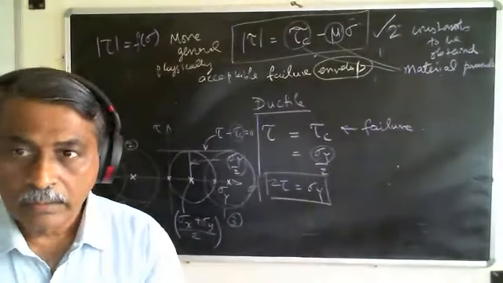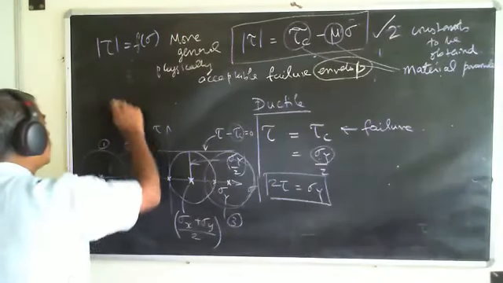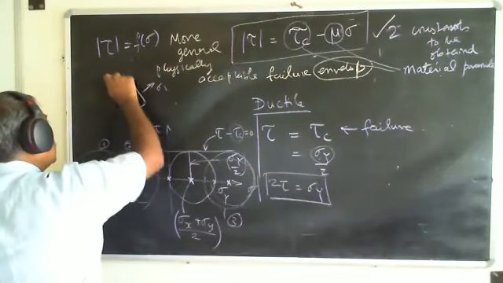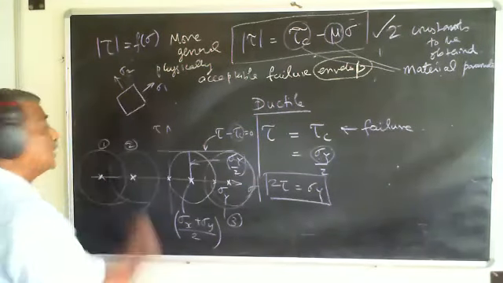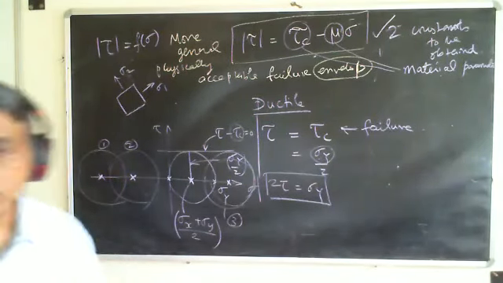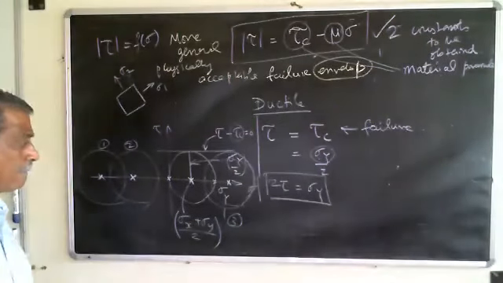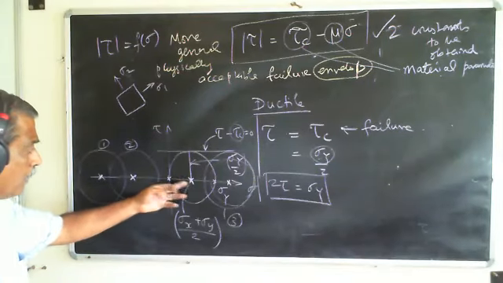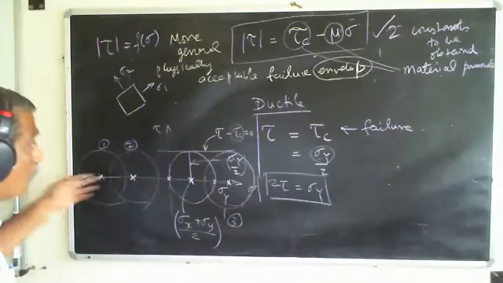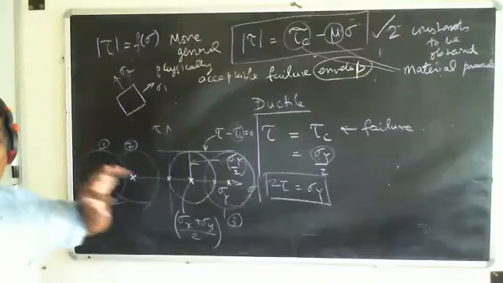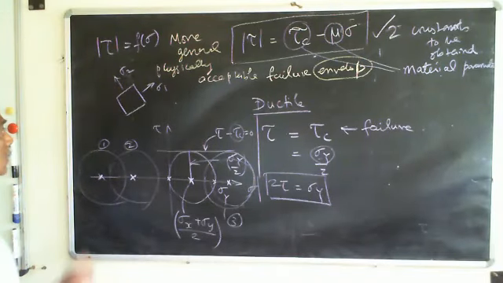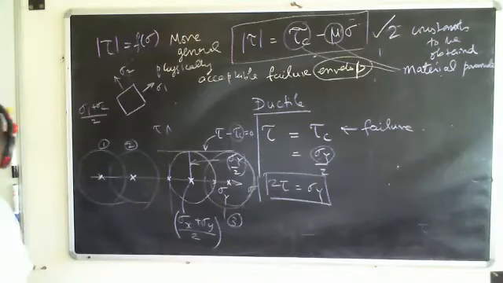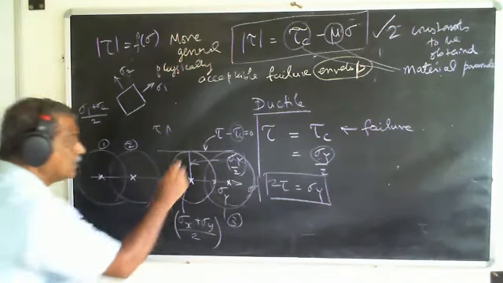Supposing I have some situation like this, where it is sigma 1 here, sigma 2 here, there is no shear on this. Supposing I move this center back and forth, the sigma 1 and sigma 2 will keep changing, right? And sigma 1 plus sigma 2 by 2 will keep changing. But what will not change is the radius.